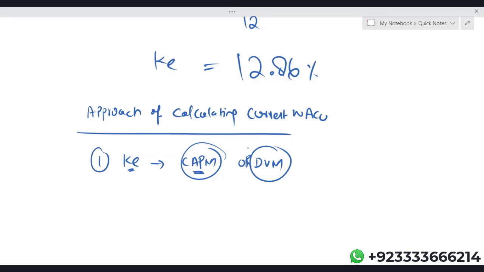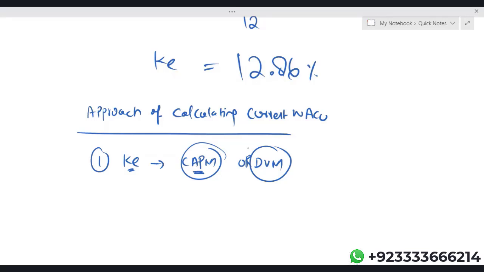One question and let me answer. What if, it never happened so far, the examiner has given you a really big amount of data and you can calculate KE using CAPM as well as DVM? Students, if this is the case, we always prefer KE from CAPM because CAPM is a superior model for calculating KE as compared to DVM, because the dividend valuation model has more limitations than CAPM.